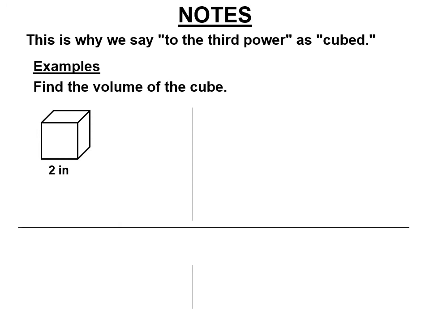The third power is said as cubed, from the volume of a cube. So if this is a cube, I don't have to give you all three. We're saying all three are 2. Now notice when you draw a cube in 3D, this looks shorter than the others, and that's because of the way 3 dimensions look on a 2-dimensional page. But this is 2 inches times 2 inches times 2 inches, which is 8 cubic inches.